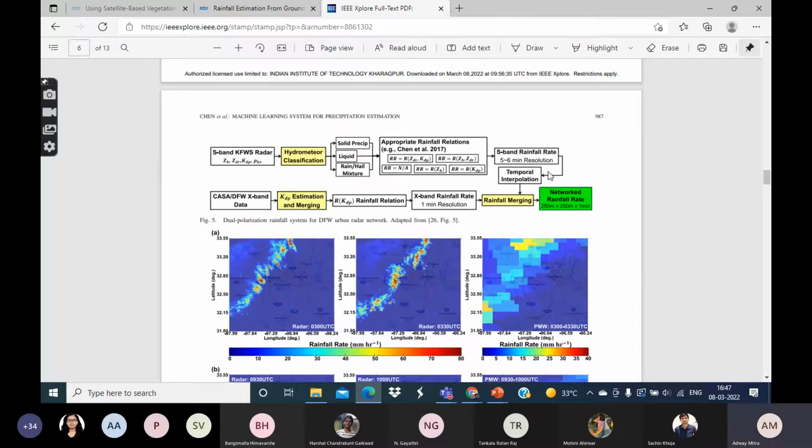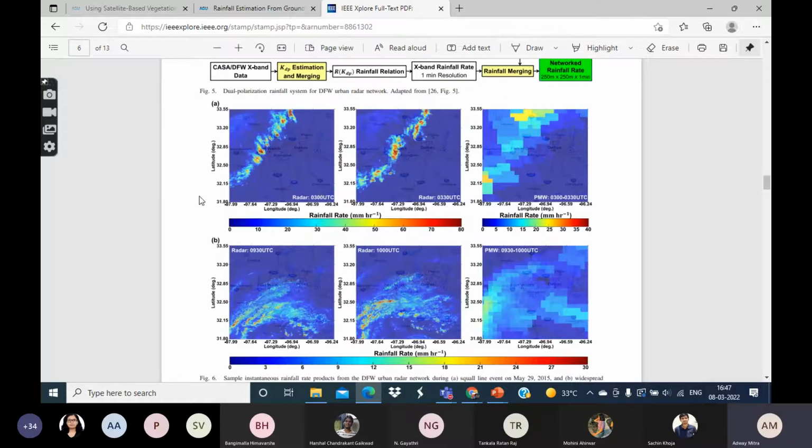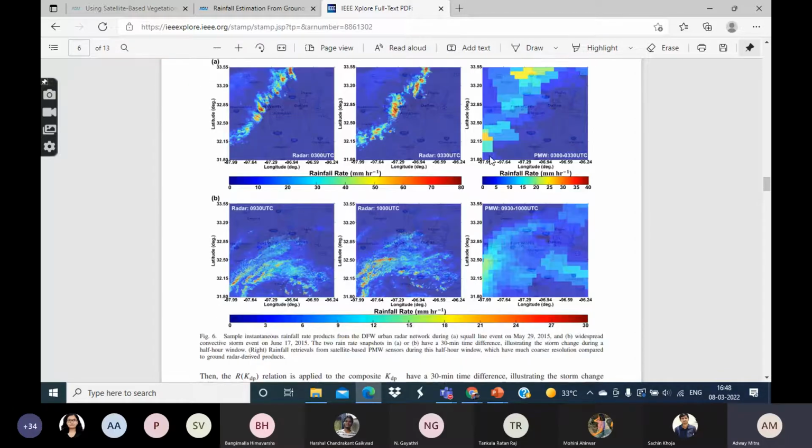Yeah, so this is some kind of a schematic diagram, and just like in the previous paper, here they are basically showing the spatial distributions of the rainfall. Each of these pixels here are spatial regions, and the pixel values indicate the rainfall intensities at the different places.